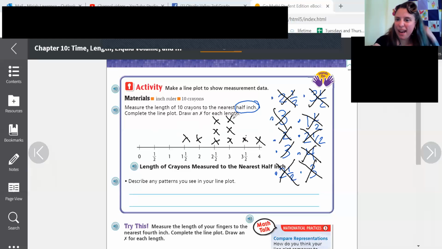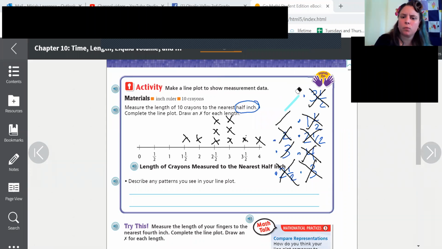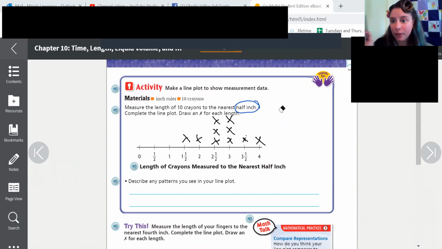All right, do we see any patterns in this line graph right now when we're looking at it? Yeah, I'm noticing that I don't have very many tiny crayons and I don't have very many full crayons.